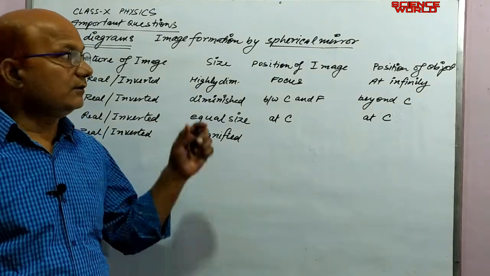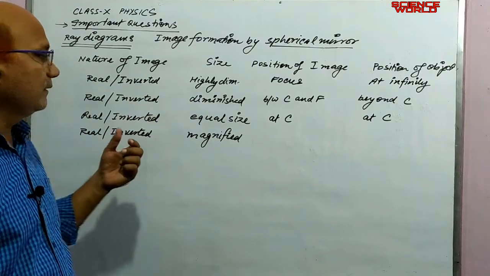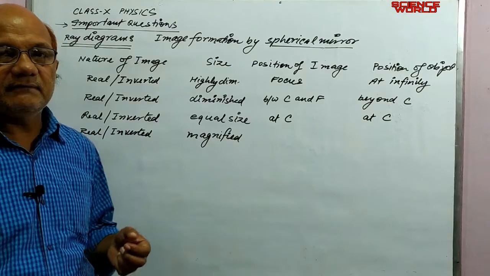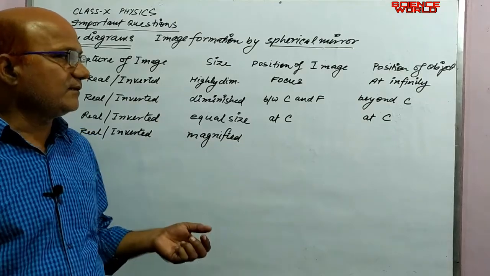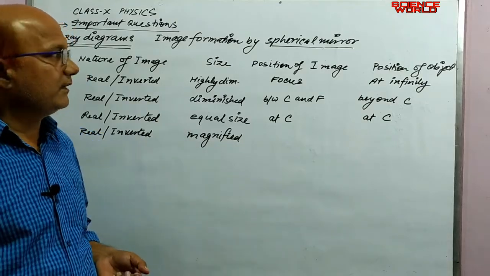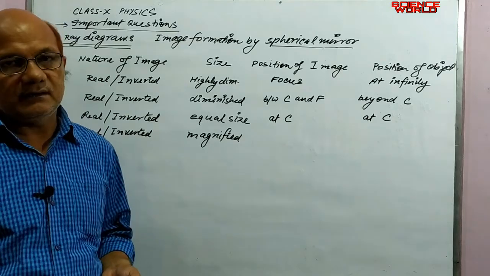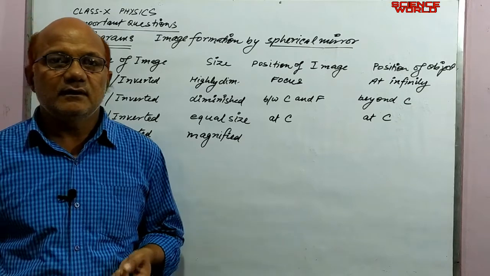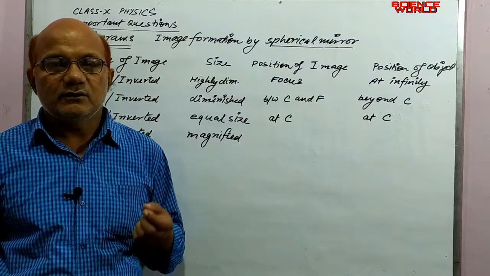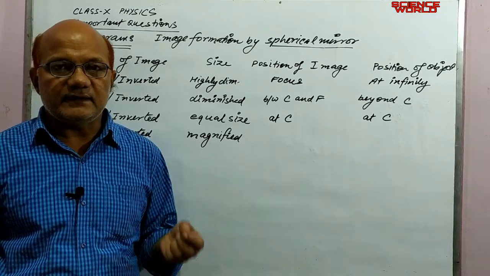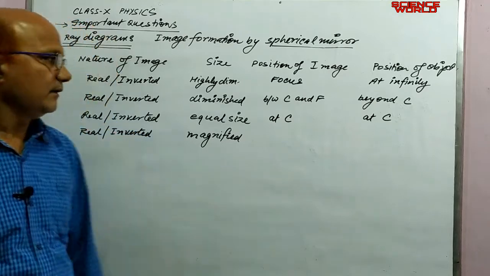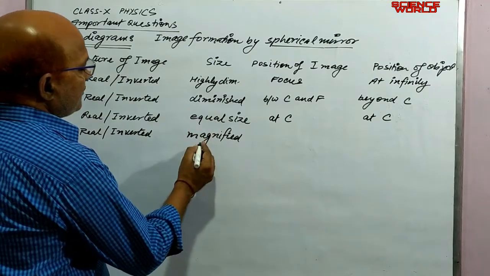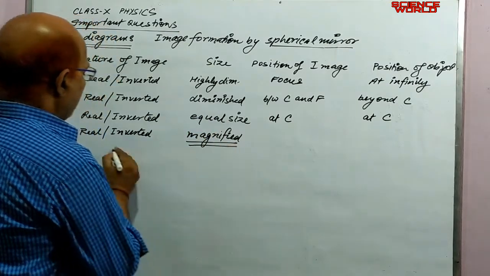So, now you think this question, where you place the object to get magnified real image of an object in front of the concave mirror. Again I repeat this question, where you place the object in front of concave mirror to get magnified real image of the object. So, now think like this, the image is magnified and it is real.